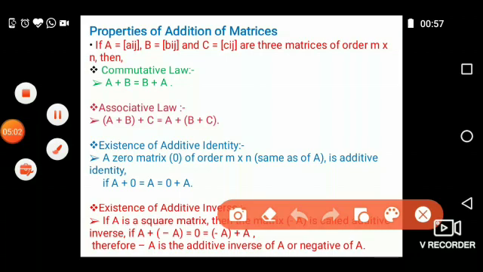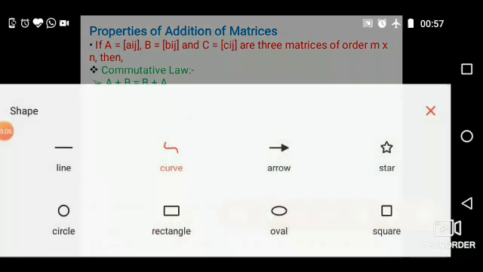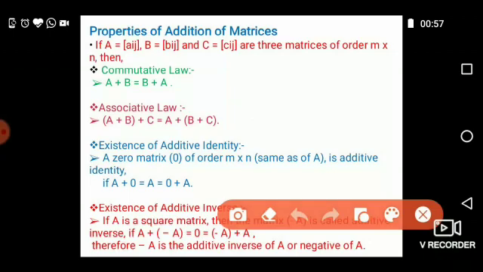Next, existence of additive identity. A zero matrix denoted by the notation 0 of order m cross n, same as the order of matrix A, is the additive identity.